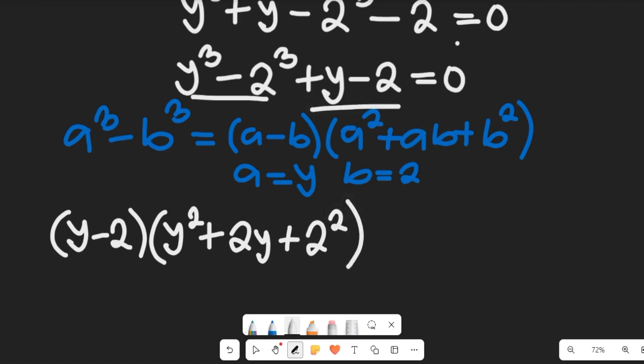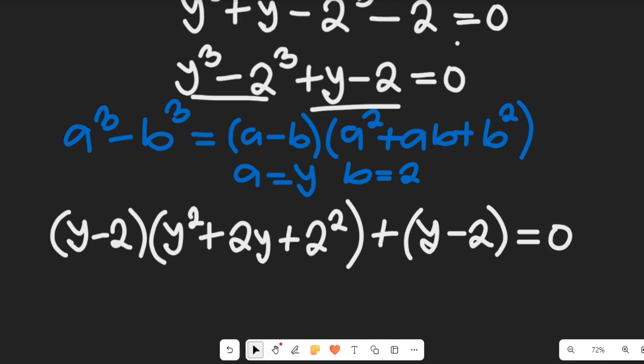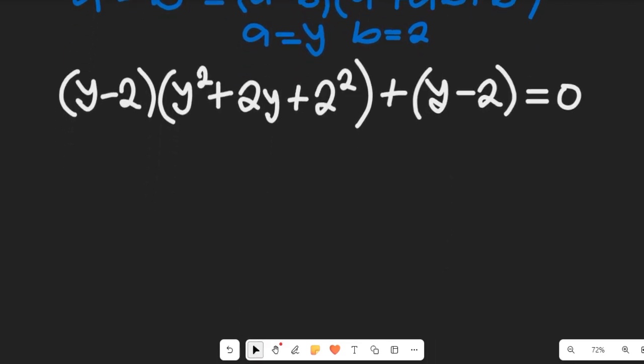Remember, we still have this expression, and this will be plus y minus 2, and this will be equal to 0. Now, if you look at this expression very well, you come to see that we have y minus 2 and y minus 2.